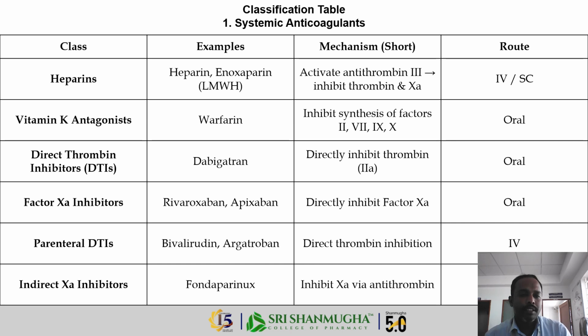Parenteral direct thrombin inhibitors are bivalirudin and argatroban, with direct thrombin inhibition, given as IV. We have indirect 10A inhibitors, fondaparinux, which inhibit 10A via antithrombin. So these are all the systemic anticoagulants.